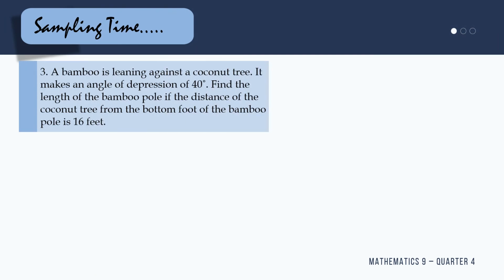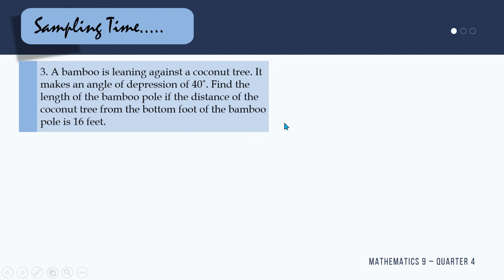Okay, moving on to our third example. It says that a bamboo is leaning against a coconut tree. It makes an angle of depression of 40 degrees. Find the length of the bamboo pole if the distance of the coconut tree from the foot of the bamboo pole is 16 feet.